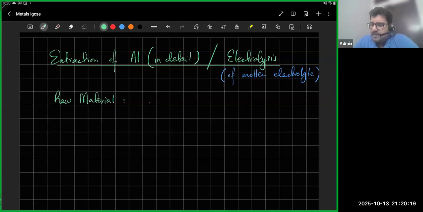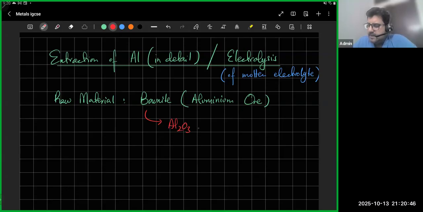So the raw material is called bauxite, which is aluminium ore. So it's a rock that contains a lot of things. Bauxite is Al2O3, plus it's got rocks in it.